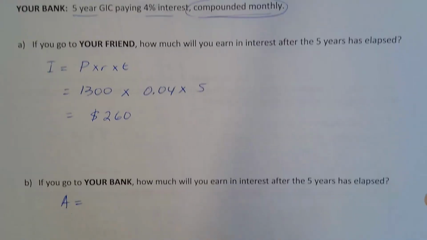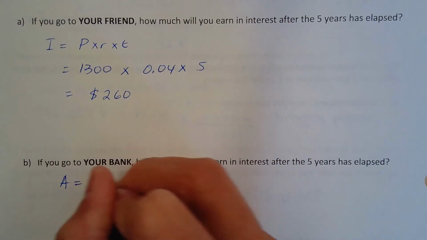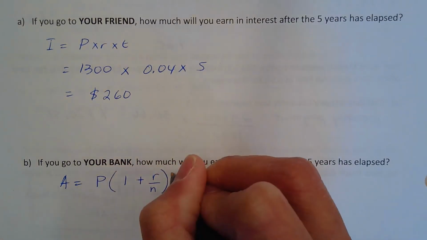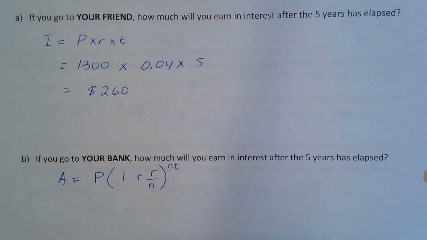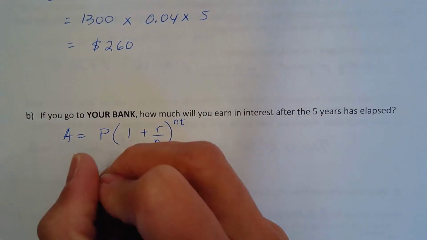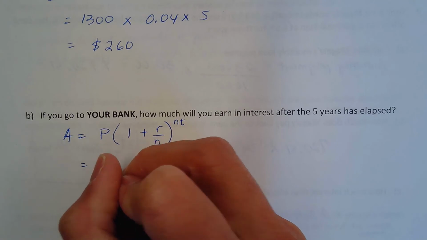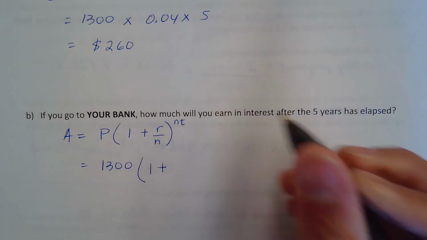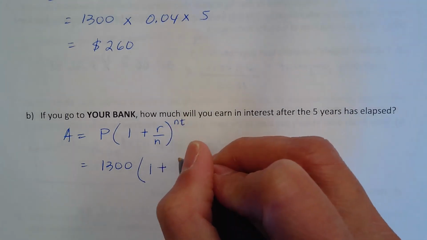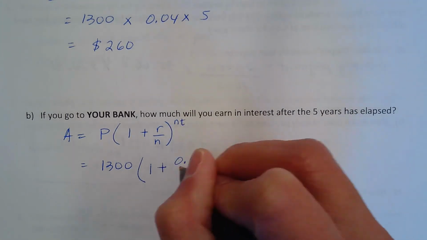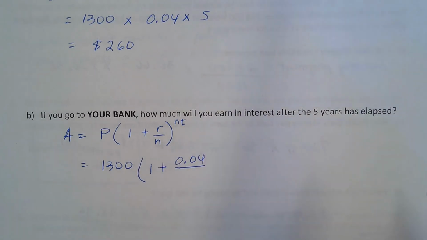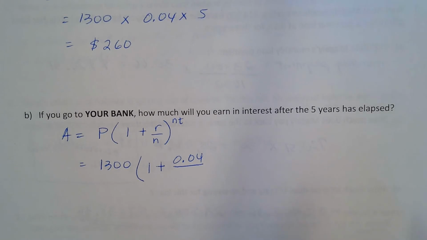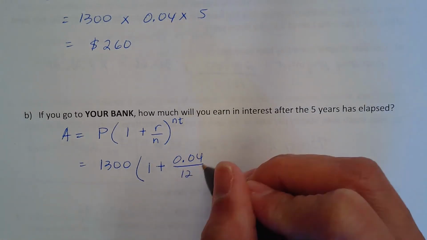So the compound interest formula is P brackets 1 plus R over N to the N times T. We have a formula for that. 1,300 times 1 plus R, 0.04, divided by N, because compounded monthly, it's going to be 12.